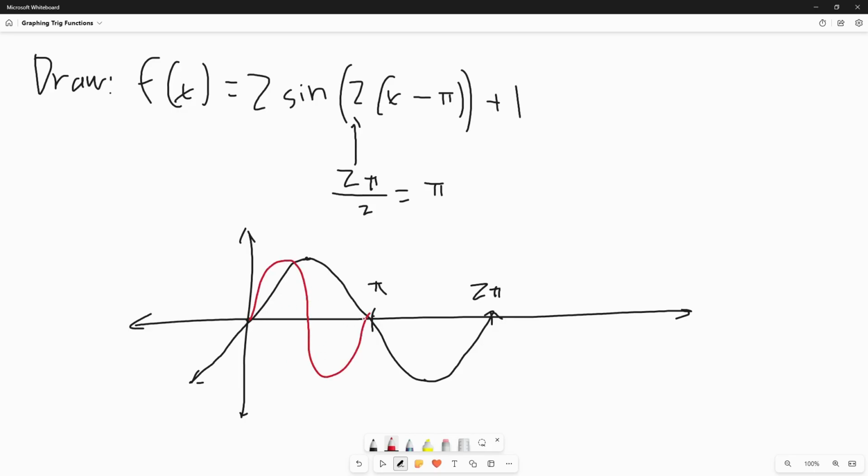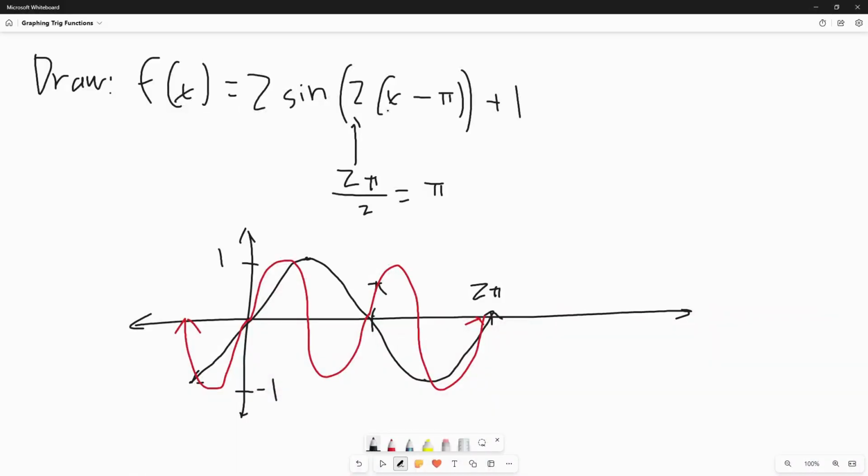So this is a period now, when before it had to be like this over 2 pi, but now it's squished into half, as you can see. You can just repeat that over and over. Like this. This is the new graph. And of course, don't forget to label 1 and -1.